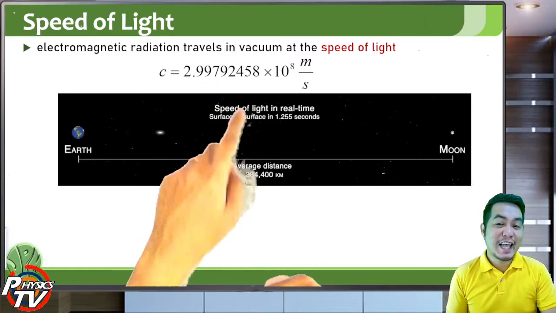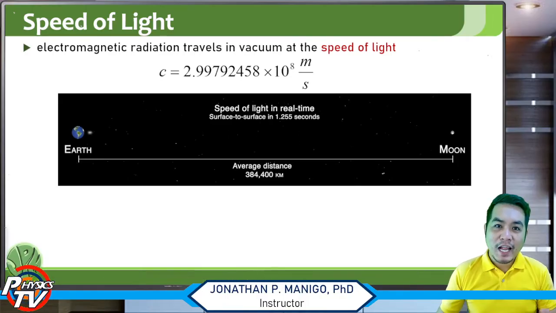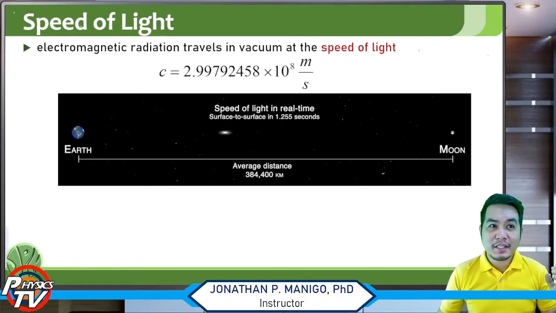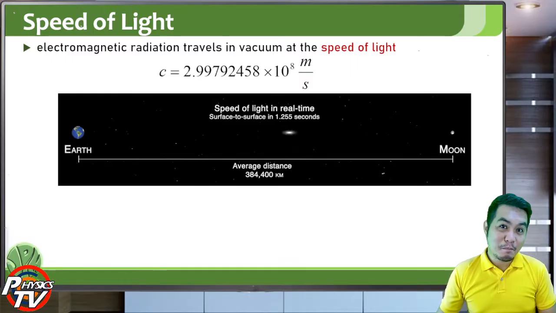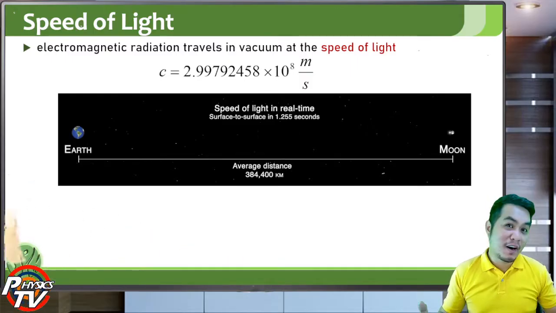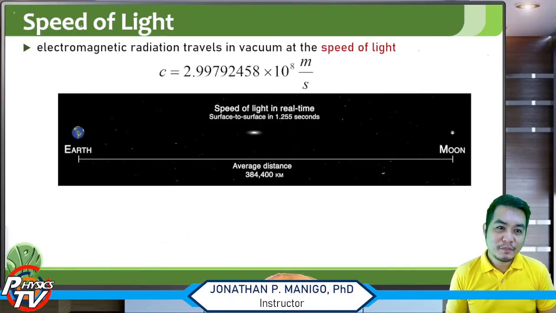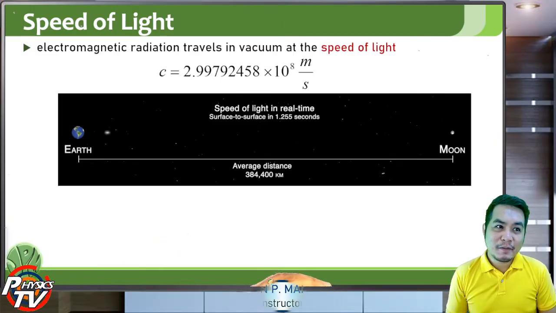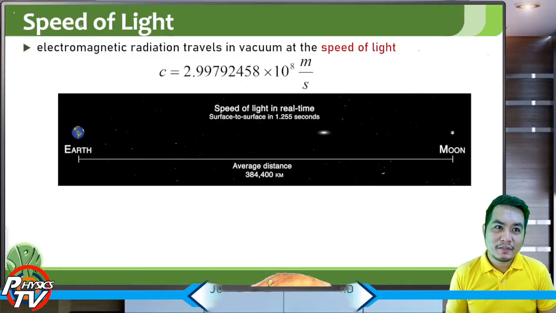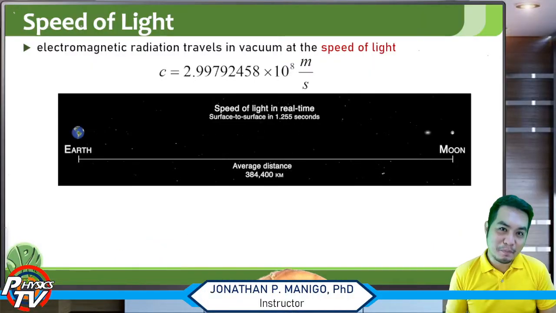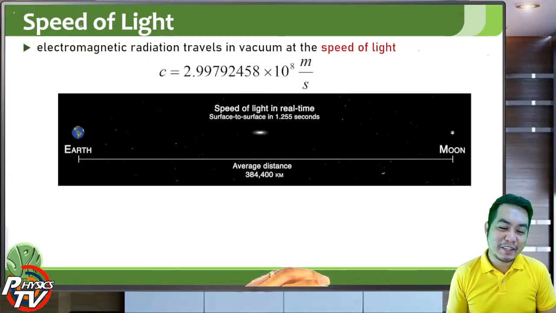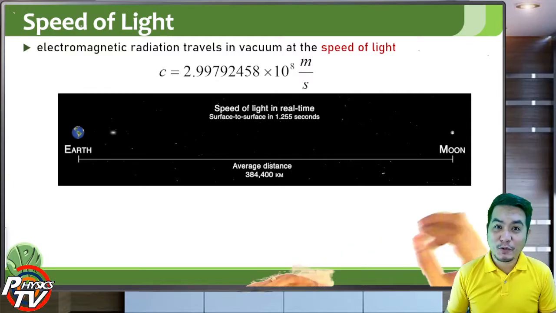A light from the sun travels to Earth in 8 minutes. So that tells you how far the sun really is with respect to Earth. If our sun instantly disappeared, we would still notice that 8 minutes later, because light travels 8 minutes from the sun to the Earth.